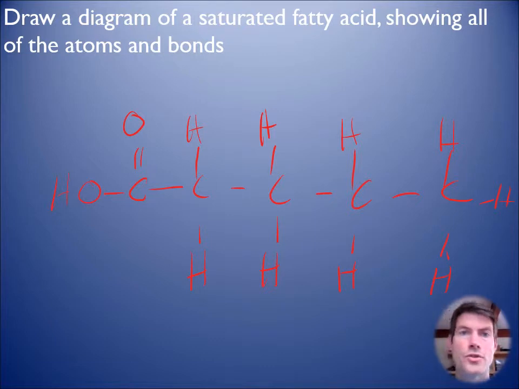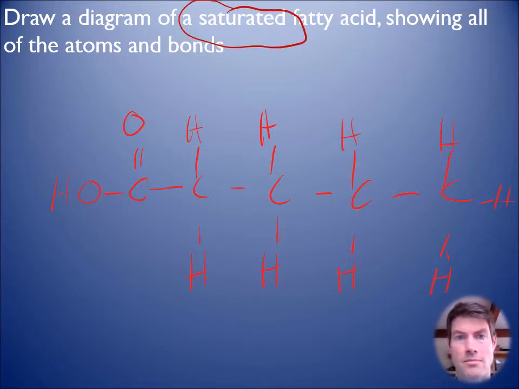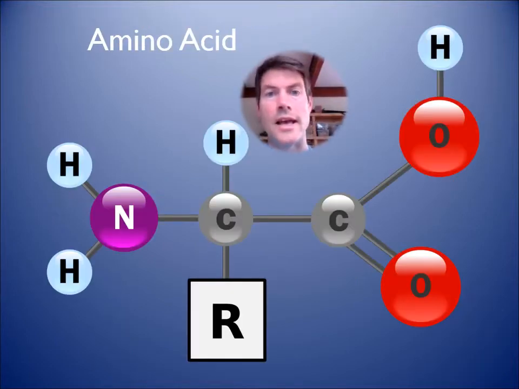So you'll want to draw that as well. And you can see this is saturated, so I don't have any double bonds in there, all single bonds. But if I wanted to throw in a double bond, that would take away two of my hydrogens. I'd be missing one here, and I'd be missing one here. So it's unsaturated. And amino acids are another major macromolecule.